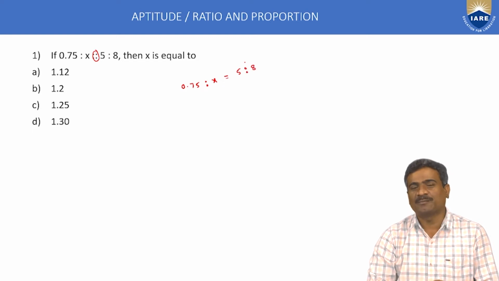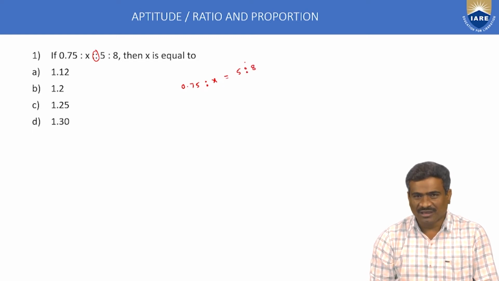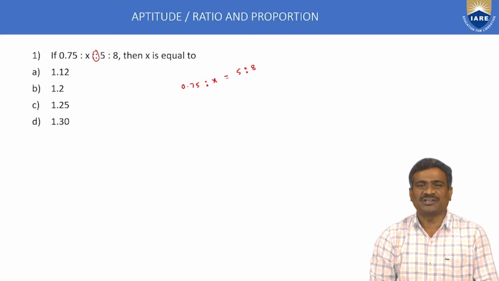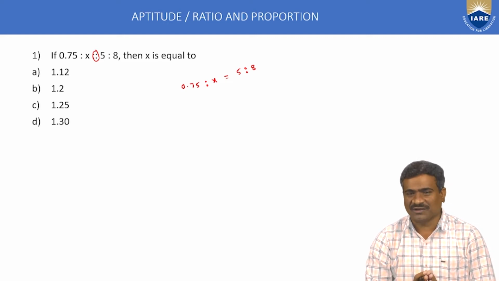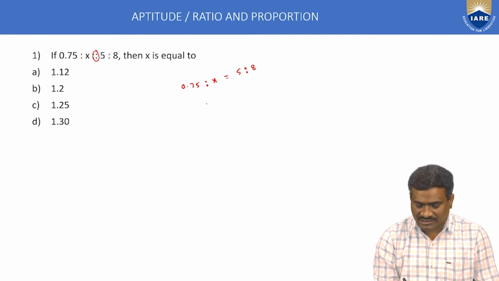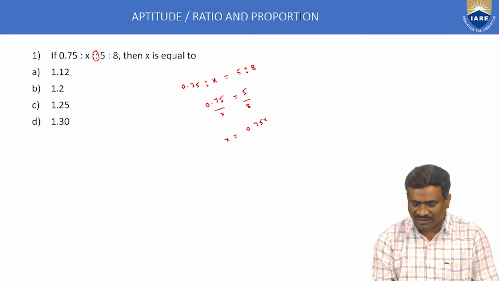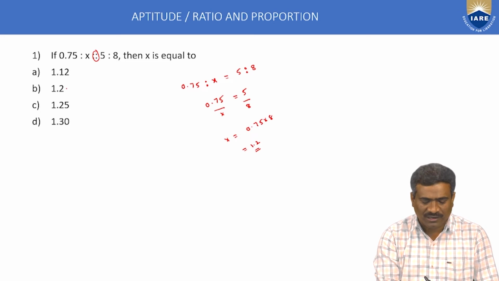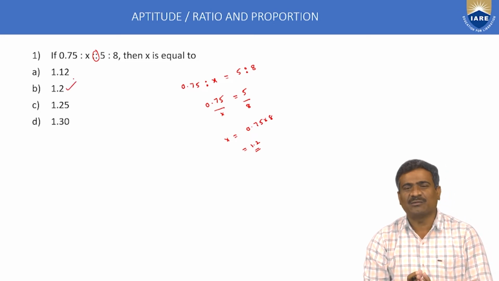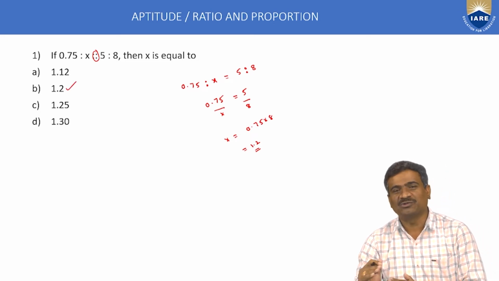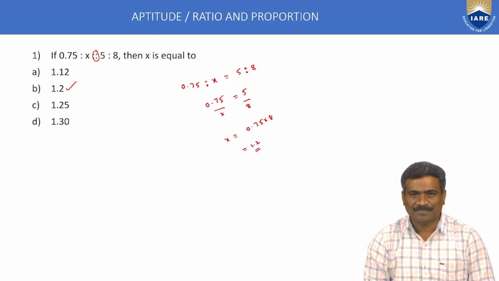By using the proportion definition, calculate the variable x. 0.75 divided by x is equal to 5 by 8. Next, x is equal to 0.75 into 8 by 5, which is 1.2. Option B only is correct. This is about the first example by using the proportion definition.